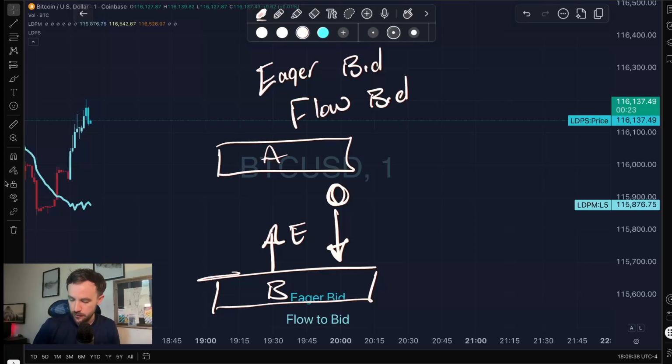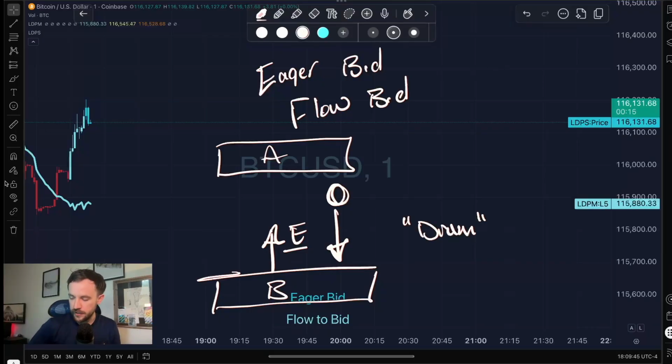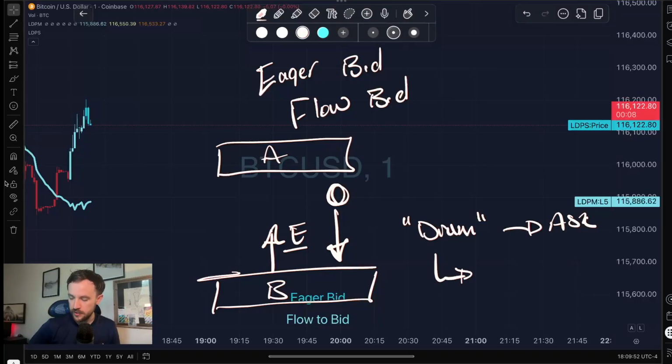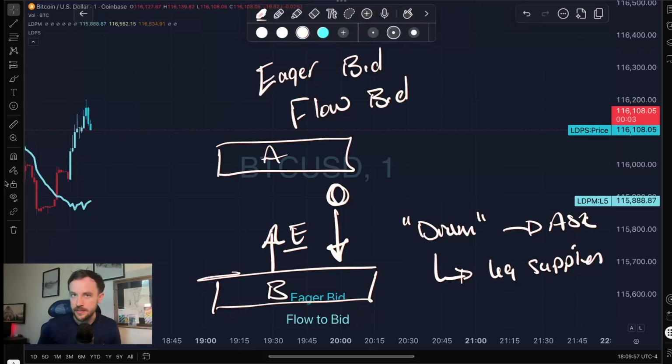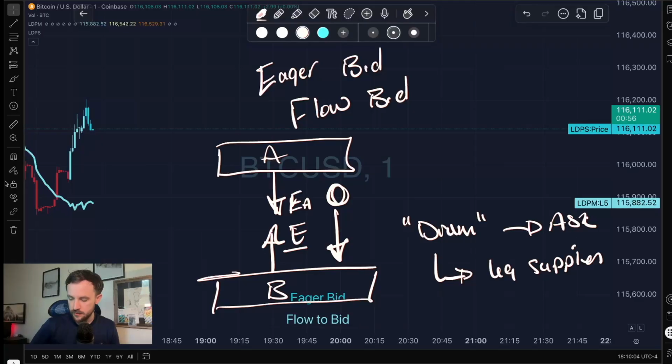We have this eager bid that is the driver, and he will transact towards the ask. But we see that it's also the liquidity supplier. If it's the liquidity supplier, then that means that there must be a liquidity taker, an eager ask, that is taking liquidity from the current situation.